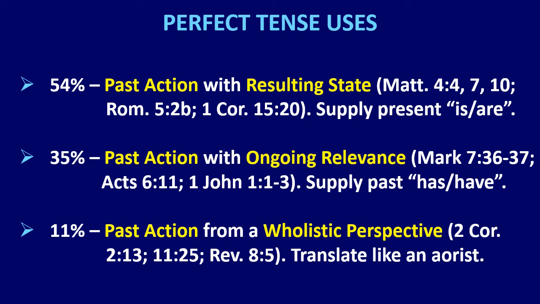It was no longer there because it had just become redundant with the aorist. So the aorist was preserved, the perfect tense form drops out, and I find that very interesting because in about 11% of New Testament cases, that seems to be the usage of the perfect tense, that it's almost synonymous with the aorist tense form.